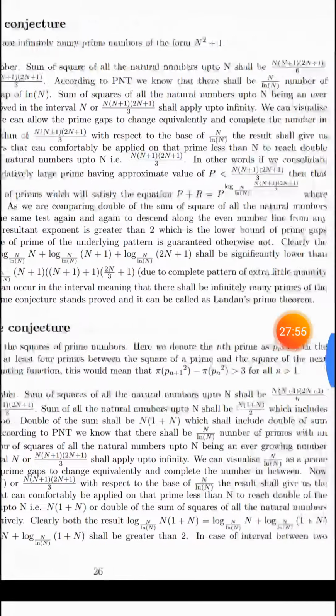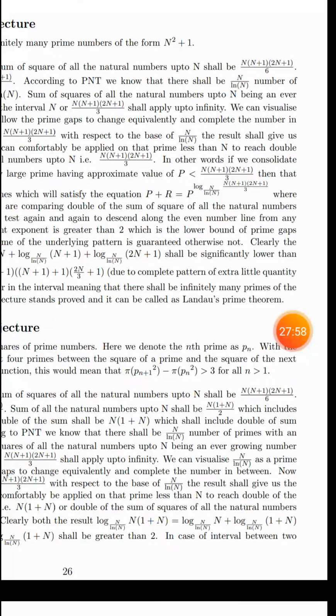Brocard's prime conjecture, which talks about the number of primes between two successive prime number squares. It should be greater than 3. That means actually he is asking for 4 primes between 2 consecutive prime squares.